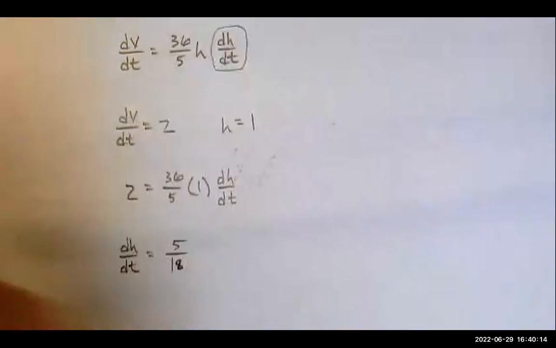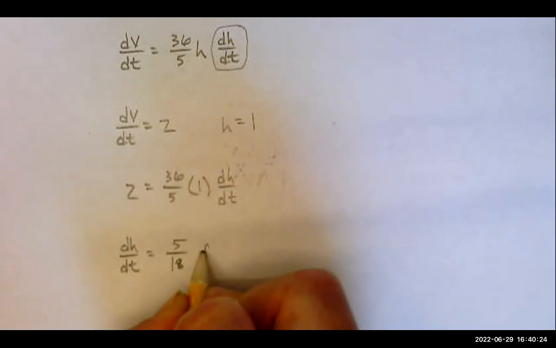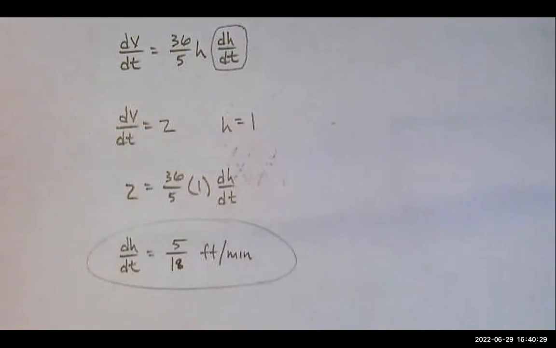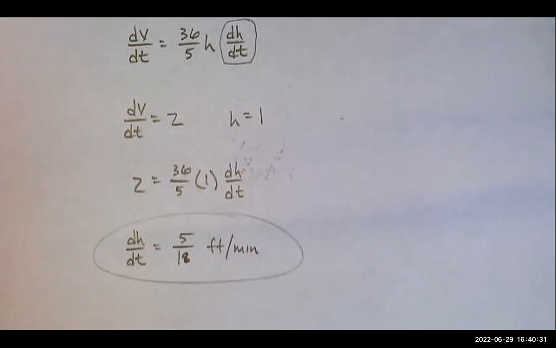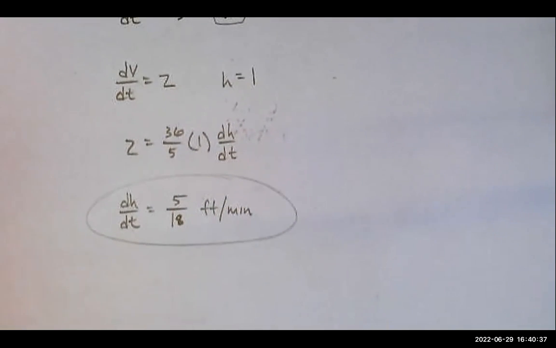Like that. 5/18, what are the units? Units of height, units of time, units of height were feet. Time here was minutes. 5/18 feet per minute. The decimal equivalent isn't so pretty. I'm going to leave it as 5/18 feet per minute at that moment.